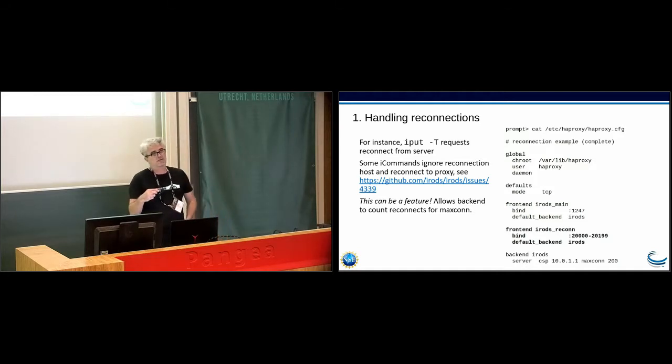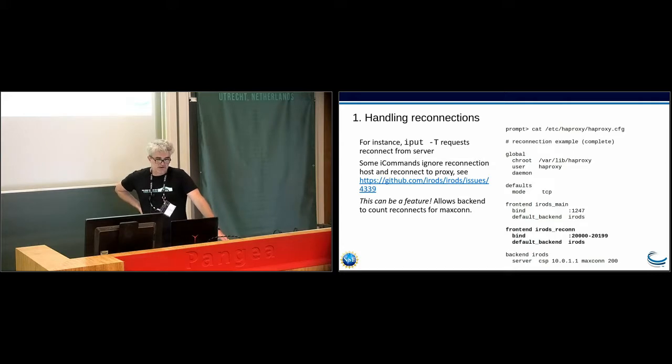Clients connect to HAProxy; they're actually connecting to a front end at HAProxy. When HAProxy connects to the server, it uses a back end. In the middle, there's routing: the front end has logic to decide which back end to use, and the back end has logic that tells what server to go to.